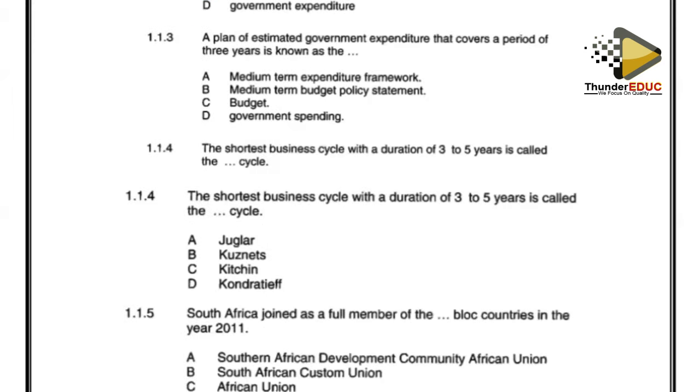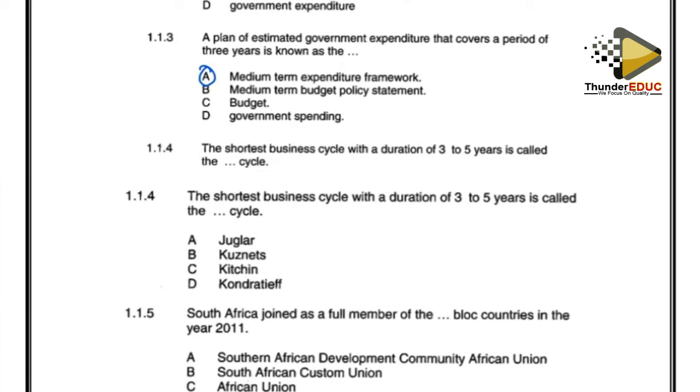So moving on, we have 1.1.3 that reads as follows: a plan of estimated government expenditure that covers a period of 3 years is known as a medium what? That one is going to be medium-term expenditure framework, which is A. Okay, right.